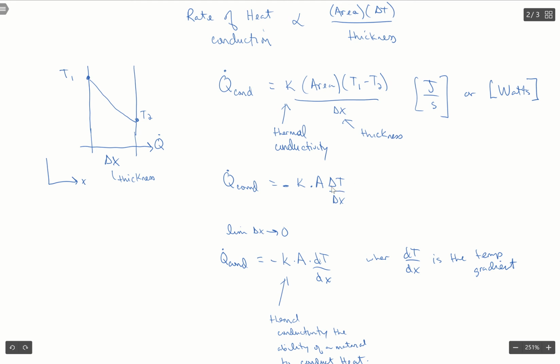Whenever you flip that around, putting this negative out here preserves it. If you were to multiply this negative back in, you would end up with T1 minus T2.